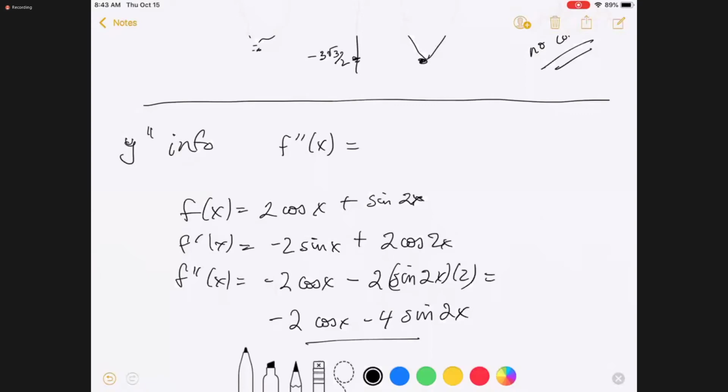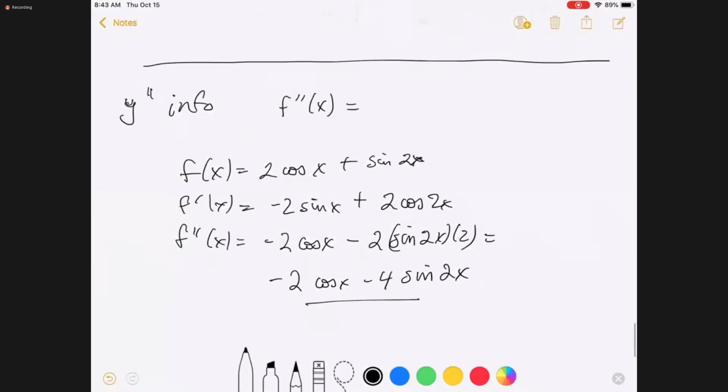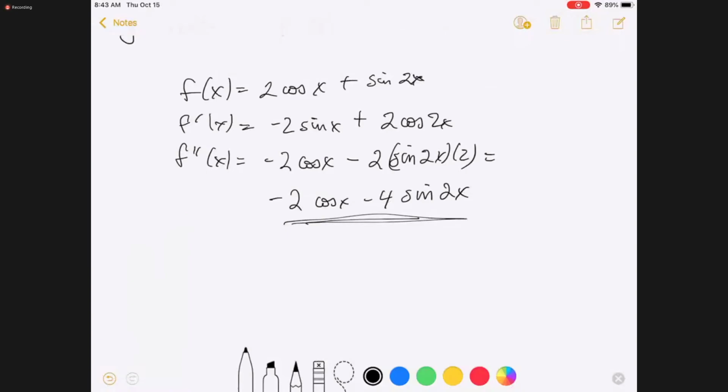Okay, checking that. All right, there's f double prime. And f double prime is always defined, so I don't get any critical numbers that way. Where is it equal to 0?